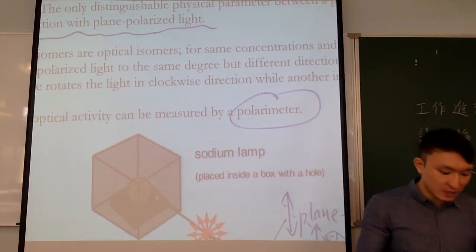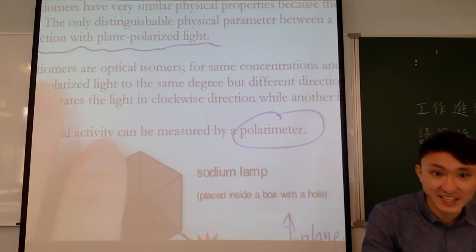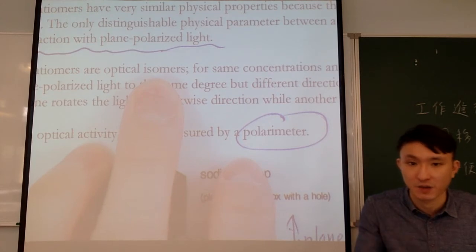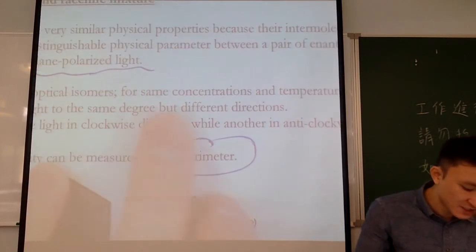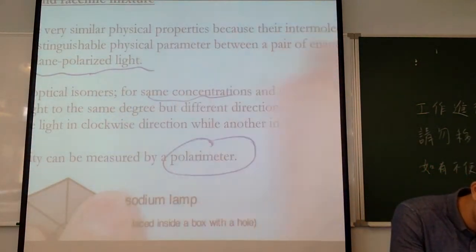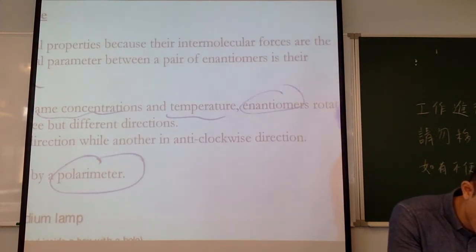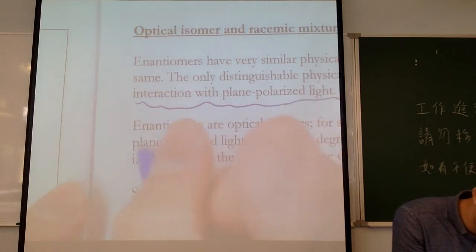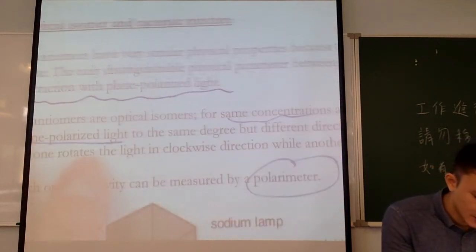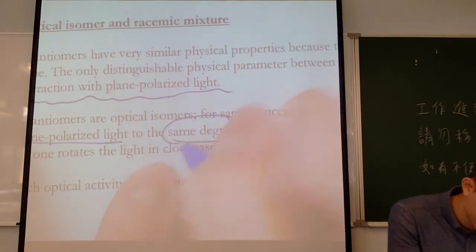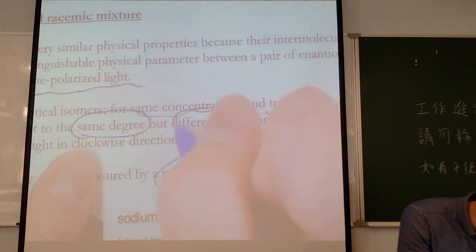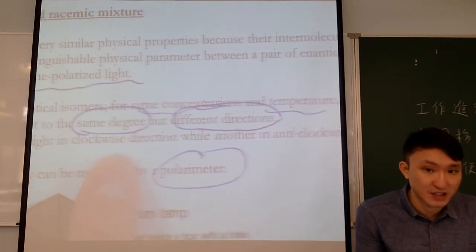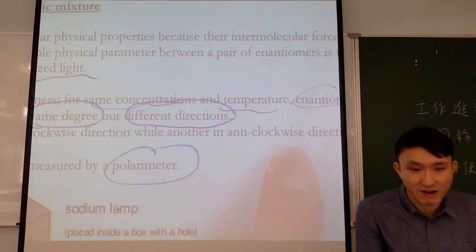Okay, let's have a look. We say that enantiomers are optical isomers, like I said, because they have different optical behavior. Now, for the same concentration and same temperature, enantiomers will rotate a plane polarized light to the same degree, but different direction. So that one will rotate in a clockwise direction while another one will rotate in an anti-clockwise direction.